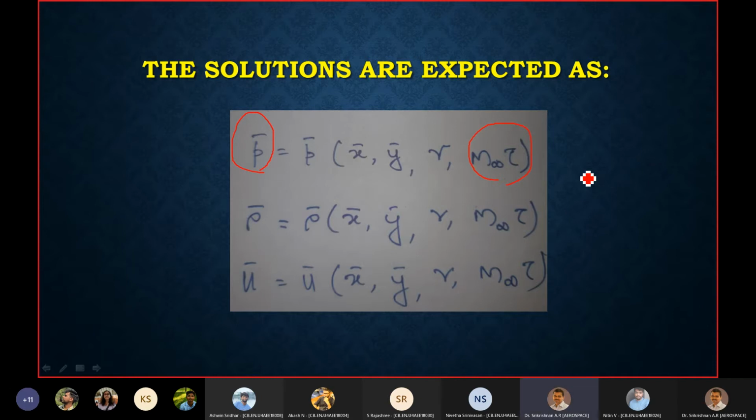Let us just focus on p bar, the non-dimensionalized pressure. Forget about the definition of it. We have looked at the definition several times, p by p infinity, etc. But for now, just take it as the non-dimensional static pressure in the flow field.